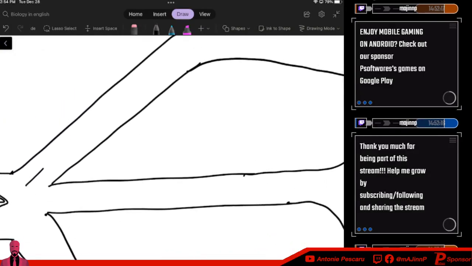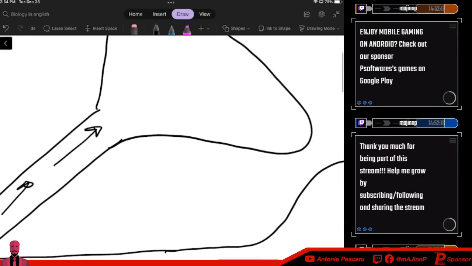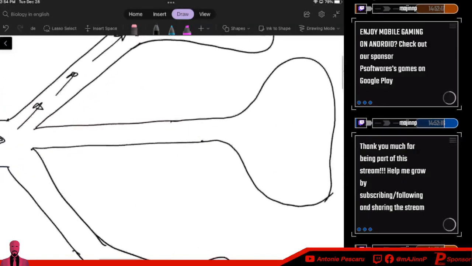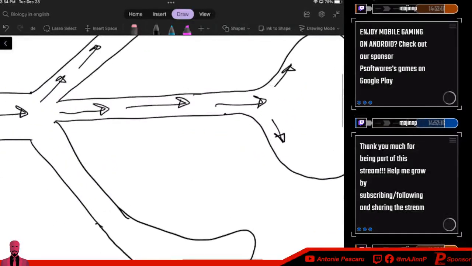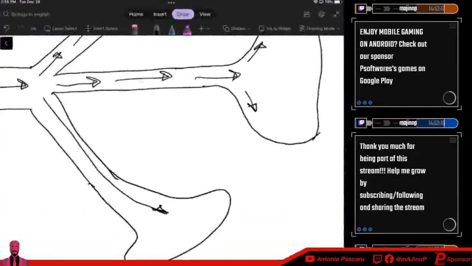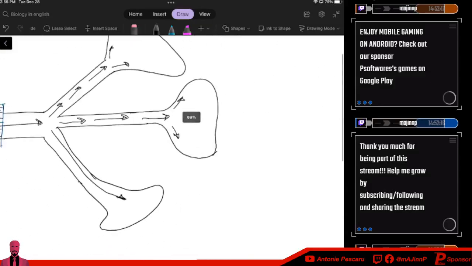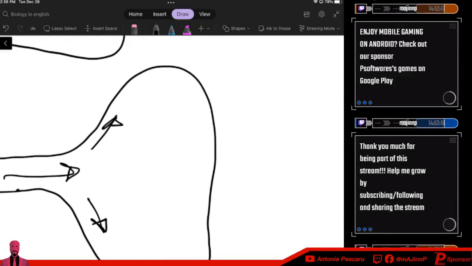So that action potential travels all the way around the membrane, all the way to its membrane, and then it reaches the synapses.